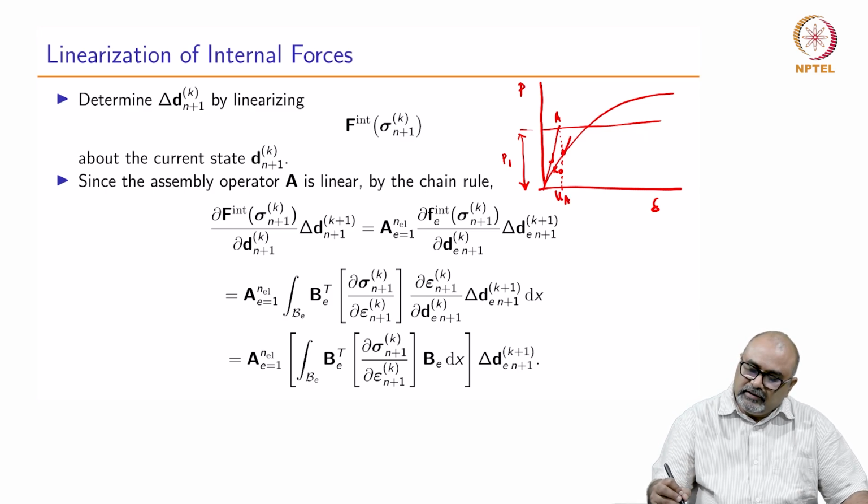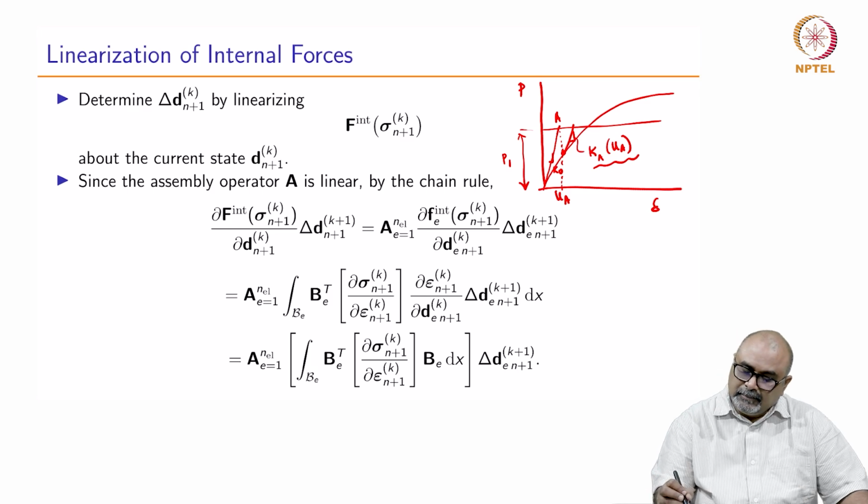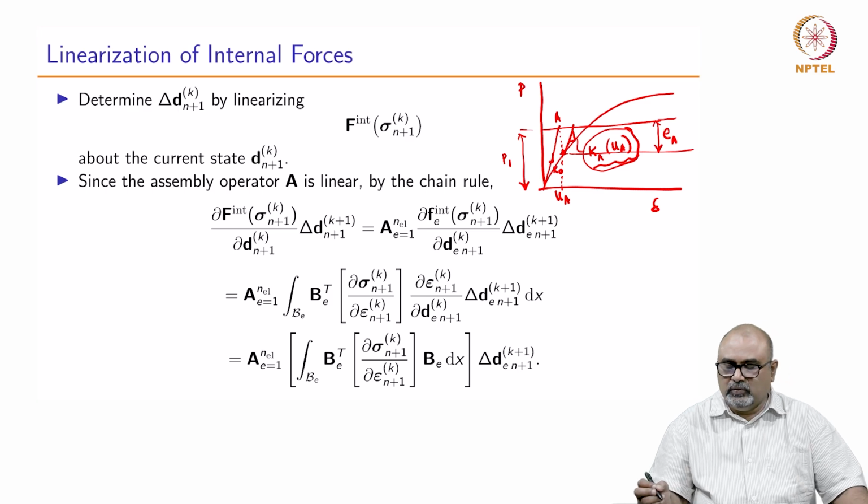When we want to define the subsequent stiffness at this point A, I can call it Ka, which is a function of ua. This can be obtained only by linearizing the residual force at A. So, by finding the residual force and the change in the residual force with respect to deflection, I can get this slope, which is going to be my stiffness at A, Ka of ua.